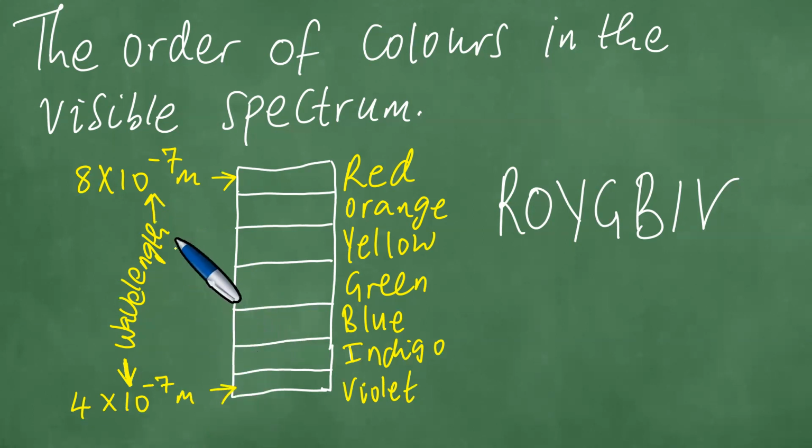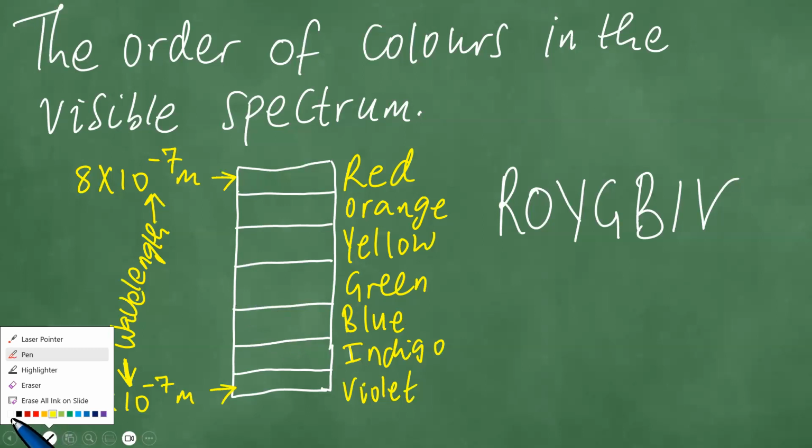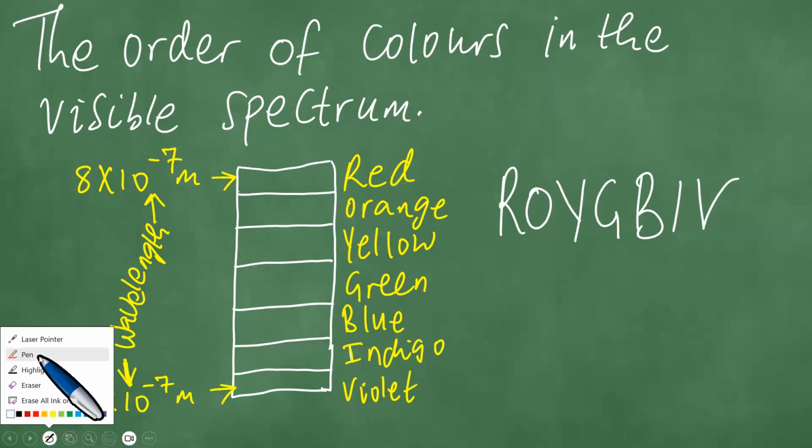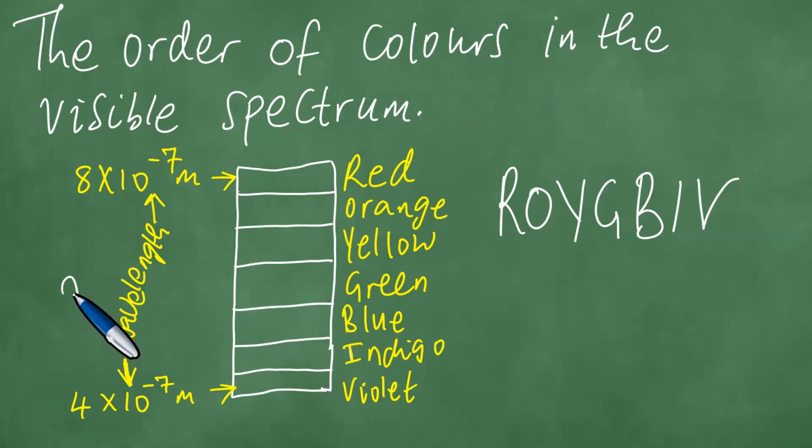So the wavelength ranges this way, from about 4 times 10 to the minus 7 at the violet part to 8 times 10 to the minus 7 on the red part. This is the order of the colors in what you call the visible spectrum, and this denotes the wavelength of the visible spectrum.